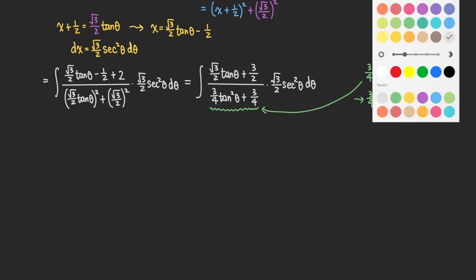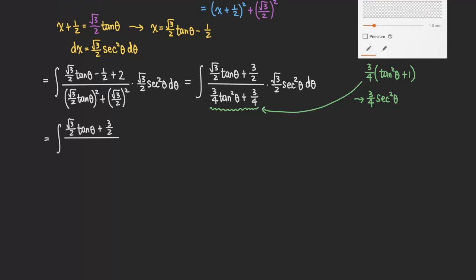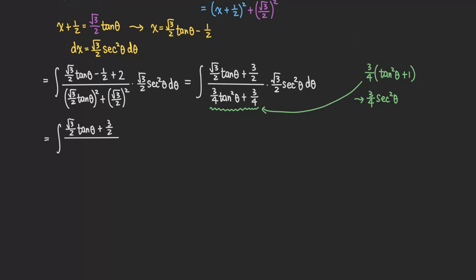Okay. So we are going to be getting what? The integral. Okay. Now, we can just keep copying the other stuff, right? So just get radical 3 over 2 tangent theta plus 3 over 2, and then all over that 3 over 4 secant square theta in the denominator, right?